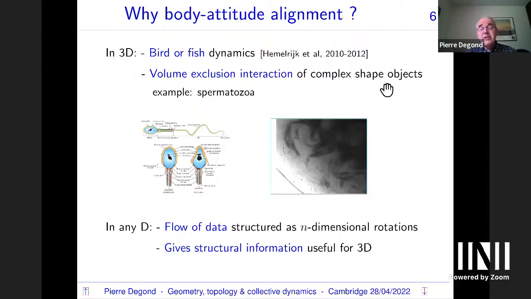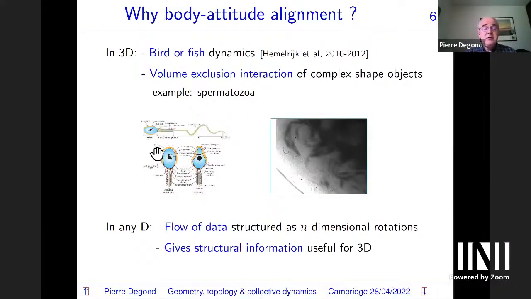You can also think of something different, like nematic liquid crystal, but in which the molecules wouldn't be just rods, but complex shape objects, and then the alignment would require the alignment of the full body of the different molecules. One example of such complex shape objects is sperm.